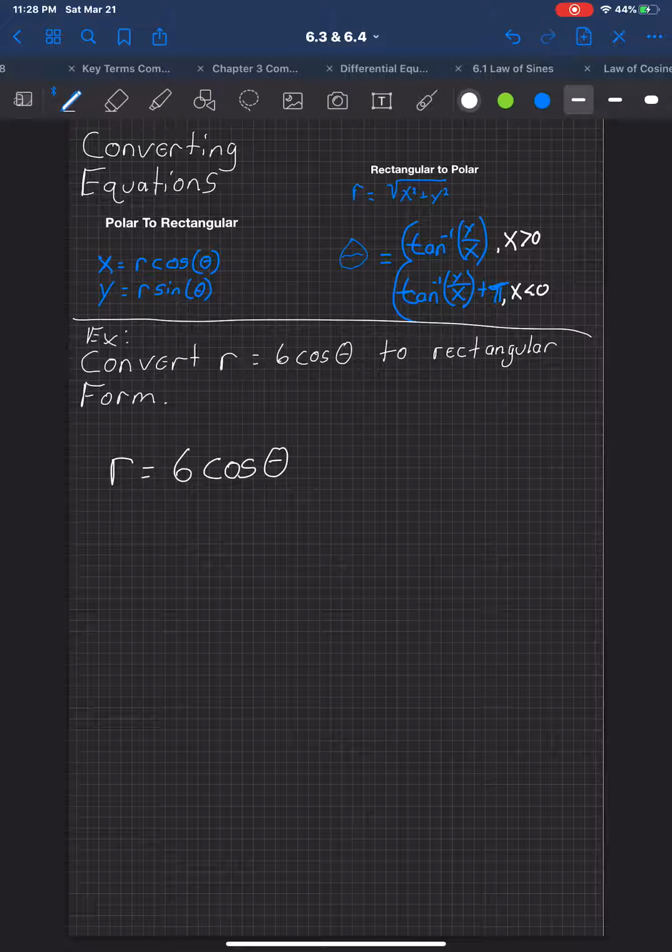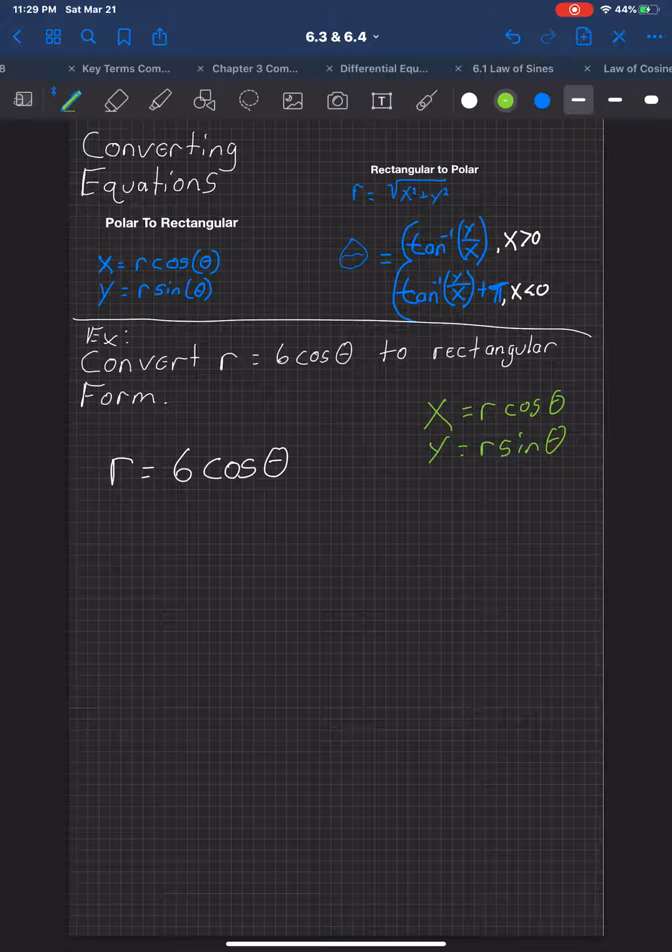So the way I'm going to start this problem is, I know that x is equal to r cosine of theta, and I know that y is equal to r sine of theta. So let me figure out how to work this.